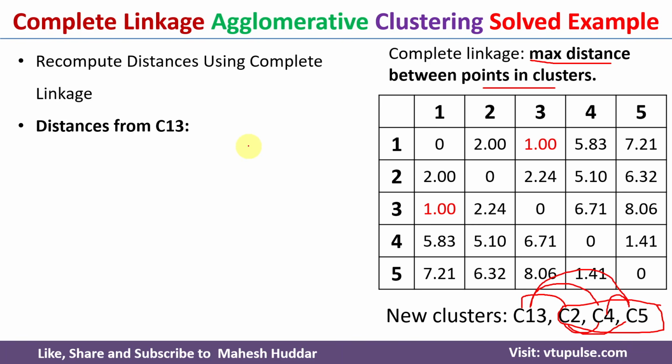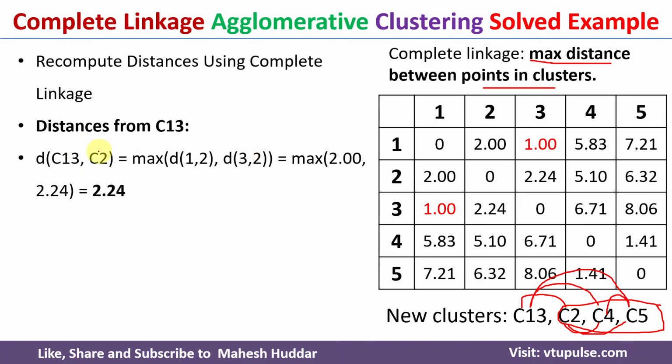First I will consider the distance from C13 to C2, which is the maximum of the distance between data point 1 to 2 and data point 3 to 2. The distance between 1 to 2 is 2 and the distance between 3 to 2 is 2.24. Between these two values, the maximum value is 2.24. So the distance between the clusters C13 and C2 is 2.24.